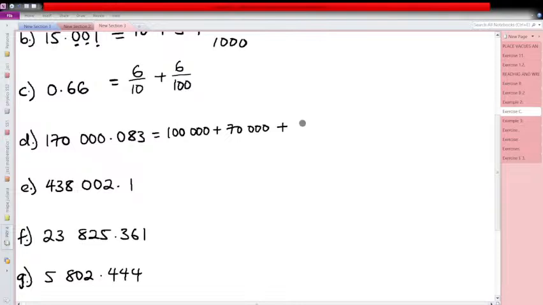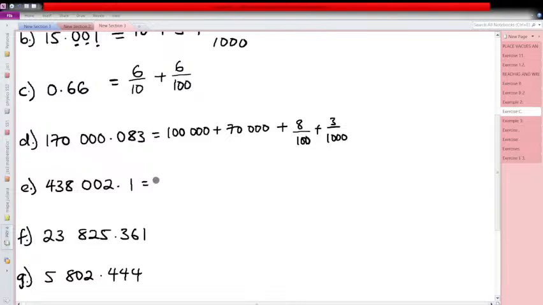So this is going to be plus 8 over, since this is 0 over 10, this is 8 over 100 plus 3 over 1,000. Because 3 is taking the place value of 1,000, 8 is taking the place value of 100, and this is taking the place value of 10.